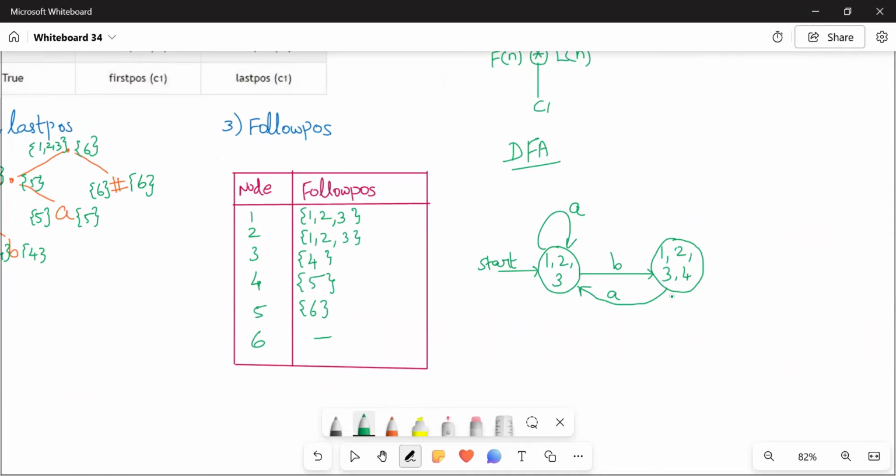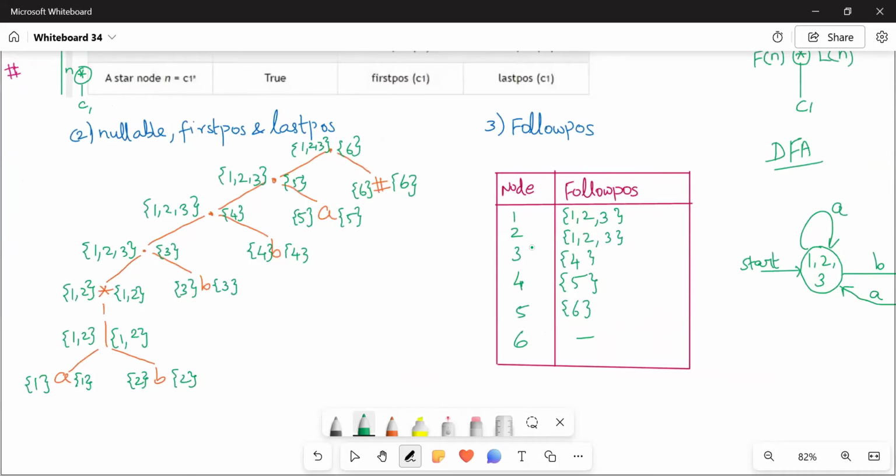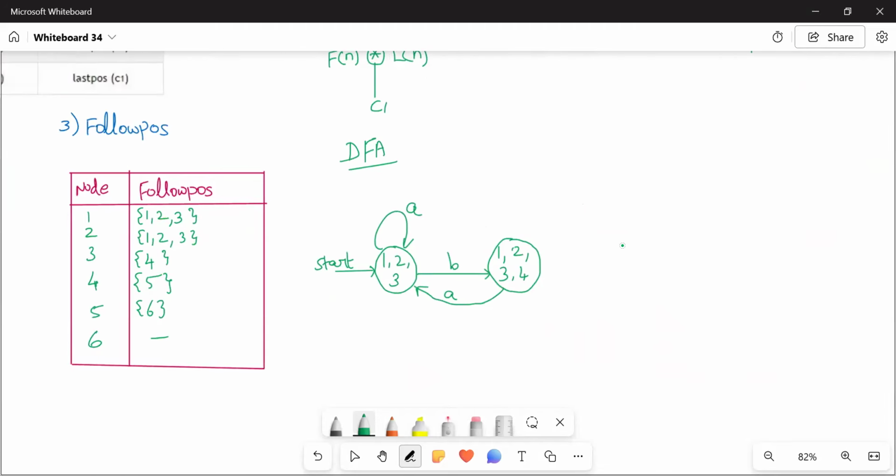Then in 1, 2, 3, 4, B appears in 2, 3 and 4. So follow position of 2, 3, 4 means 1, 2, 3, 4, 5. It's a new node. So we have to construct that state now. So now from this state, B goes to the newly created state.